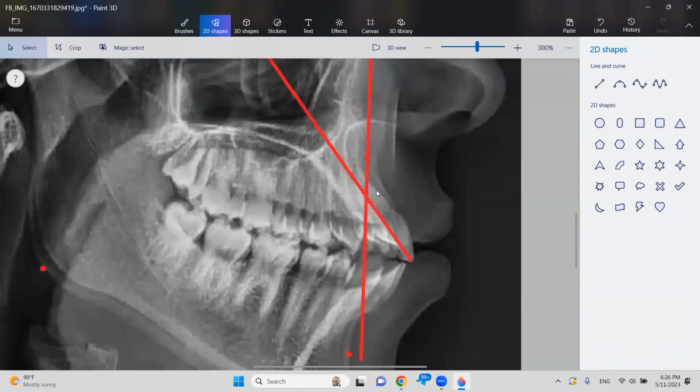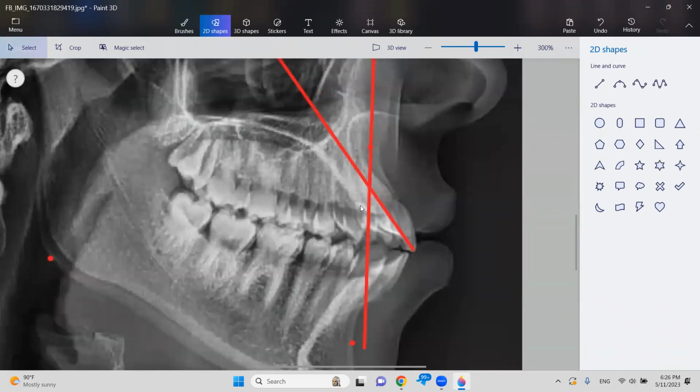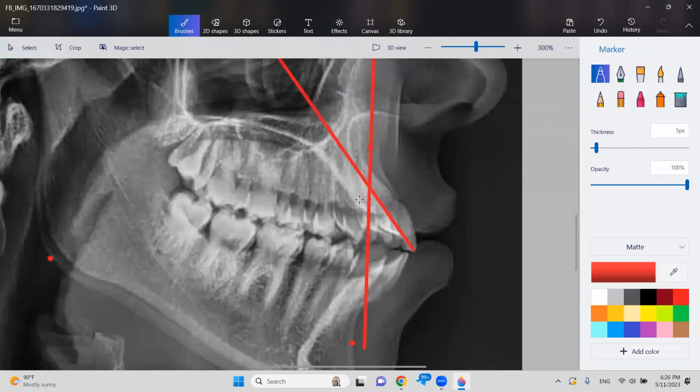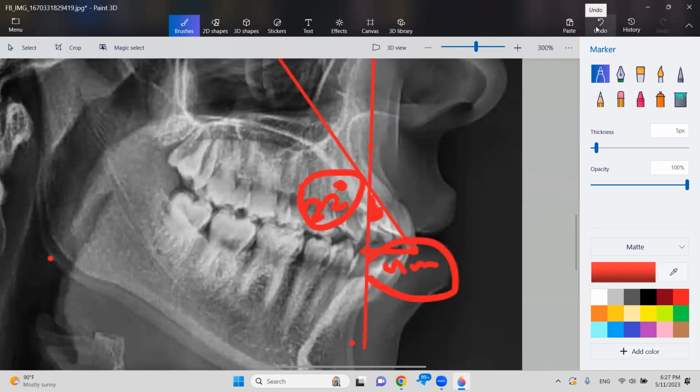Now we study the angle of the long axis of this upper incisor to NA point. This should be 22 degrees, and the distance between the tip of upper incisor to this line should be 4 millimeters. This is the ideal or normal range of the upper incisors to NA point.